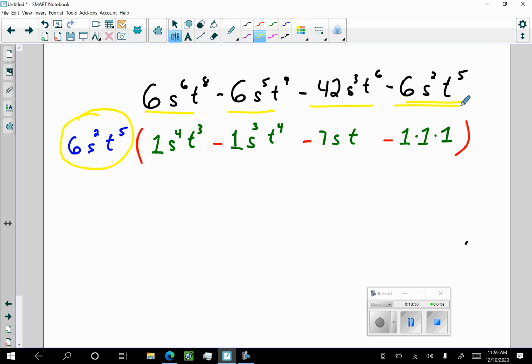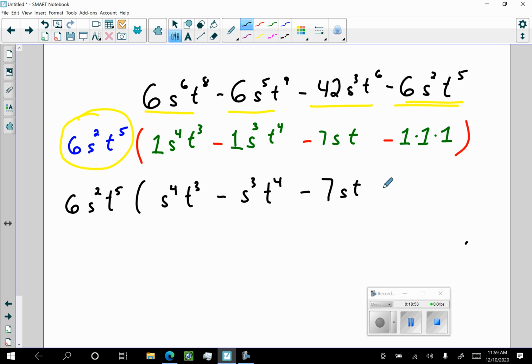That's why you want to make sure you do the parentheses, otherwise you're going to lose this 1 here. Let's clean this up. This is 6s squared t to the 5th times s to the 4th t cubed minus s cubed t to the 4th minus 7st minus 1. Don't forget that 1.